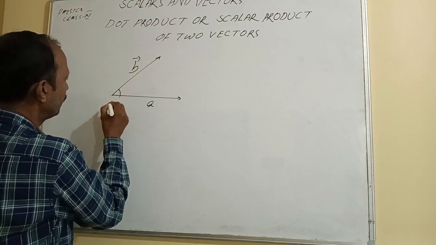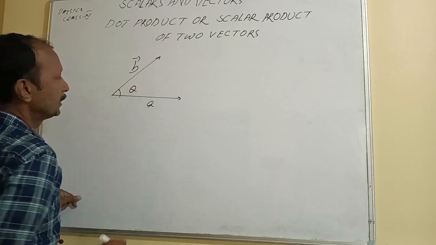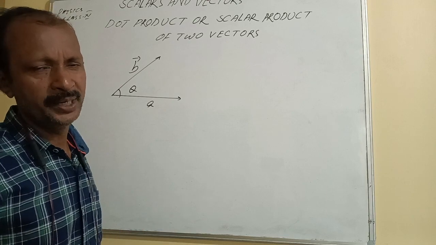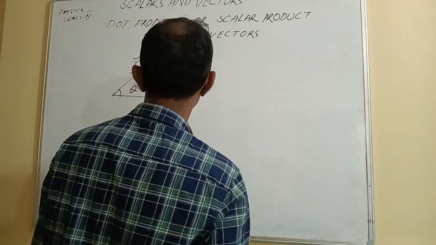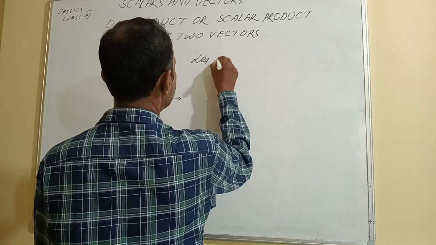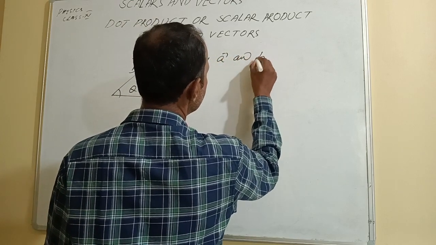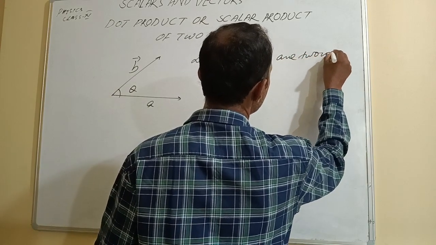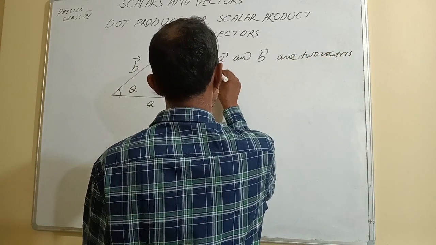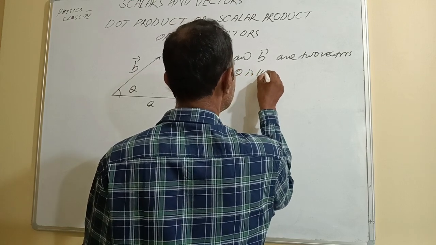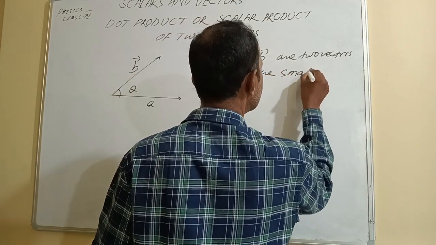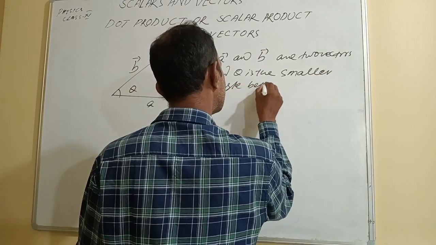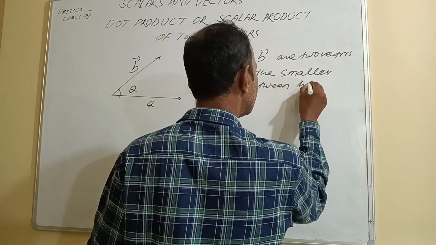Now the angle between A and B is theta. Then the dot product of A and B can be defined as, okay, I am writing, let A and B be two vectors and theta is the smaller angle between them.